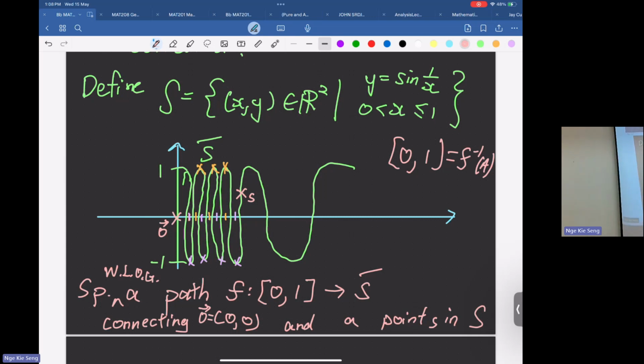It's open, because you regard this as a subspace topology, and then you just intersect the open neighborhood from -1 to 1 with this one. You regard this as the subspace topology of R.